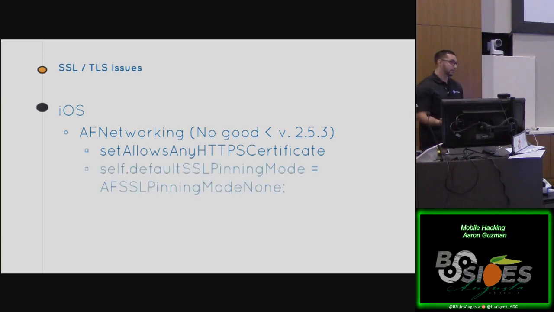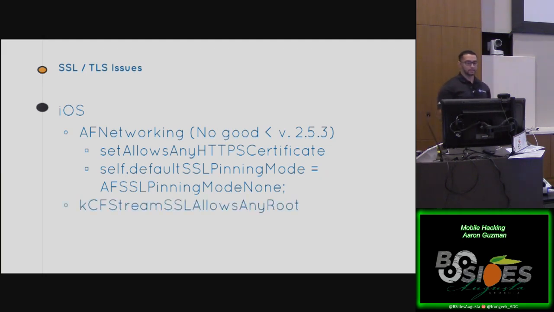Maybe, I'm hoping forgetting. And they're turning off SSL pinning mode. SSL pinning is basically only allowing the application to communicate with a server that has either a public key, a domain name, or just that certificate only.